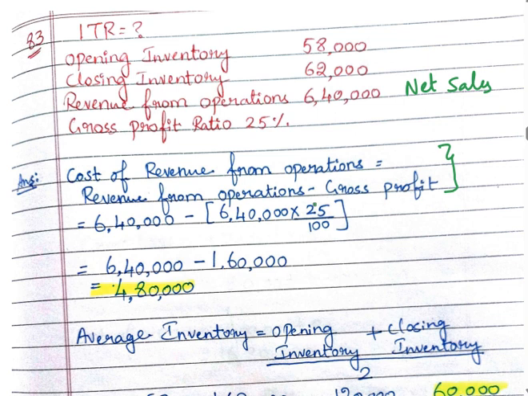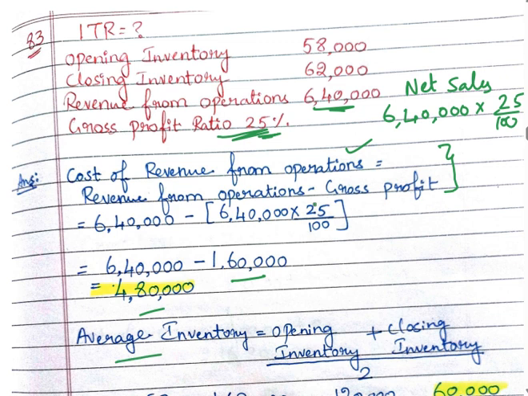Revenue from operation is given 6,40,000 minus gross profit. Total amount is not given, but you have the percentage which you need to calculate. Out of net sales 6,40,000, calculate 25%. So you get 1,60,000 here. 6,40,000 minus 1,60,000 is 4,80,000. We got the value of cost of revenue from operation.